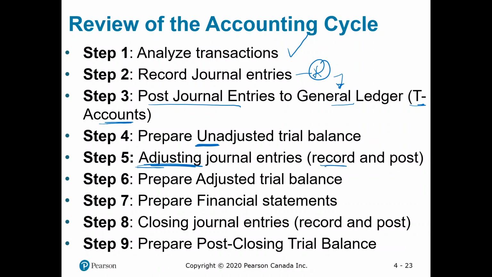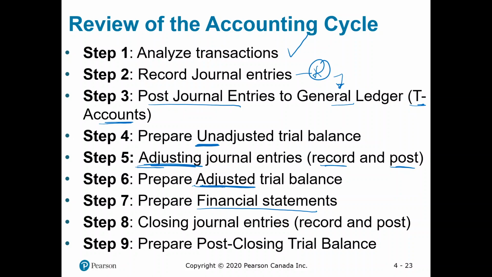You record and post those in step 5. And then once you find the new updated or adjusted balances in your T accounts, you prepare the adjusted trial balance. That is the trial balance that we use to prepare the financial statements. So we prepare the income statement first, then the statement of owner's equity, and finally our balance sheet.